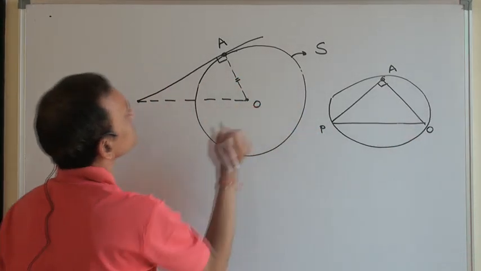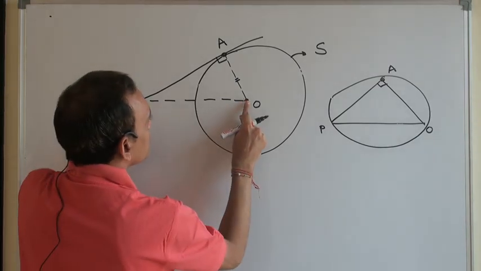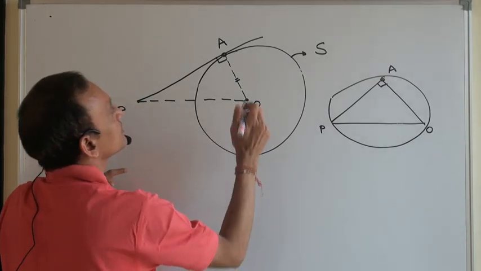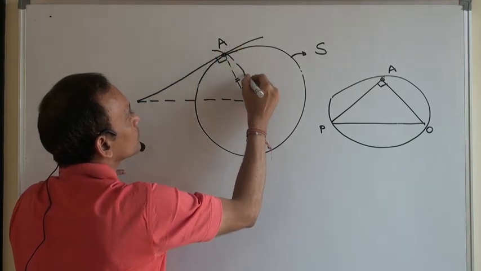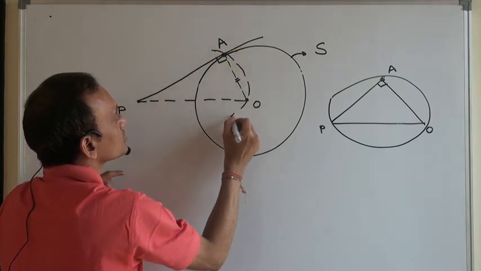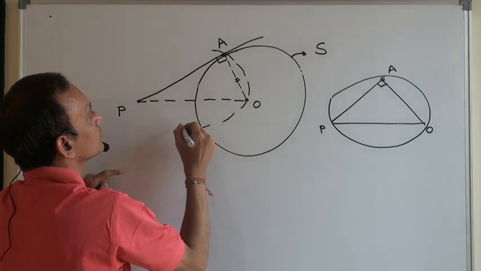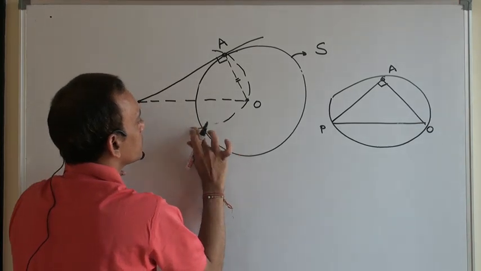So which means with OP as the diameter, let me draw a circle. Let me do a little better job than this.